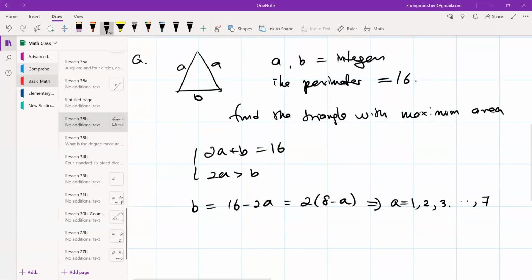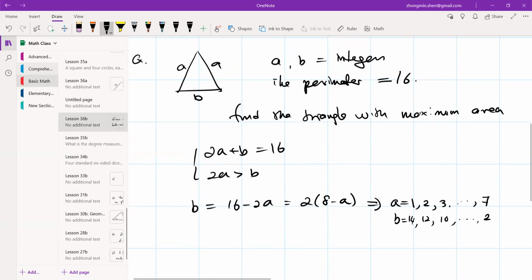So you can write down the corresponding solutions here. When a equals 1, b is 14. When a equals 2, b is 12, and so on, down to 2, the smallest number. Now, which one gives you the solution with 2a greater than b? Think about 2a greater than b. Which one?